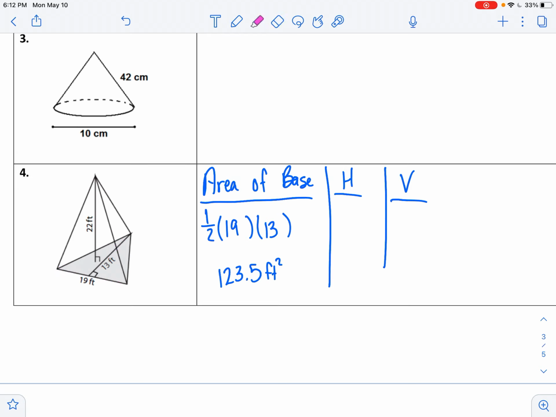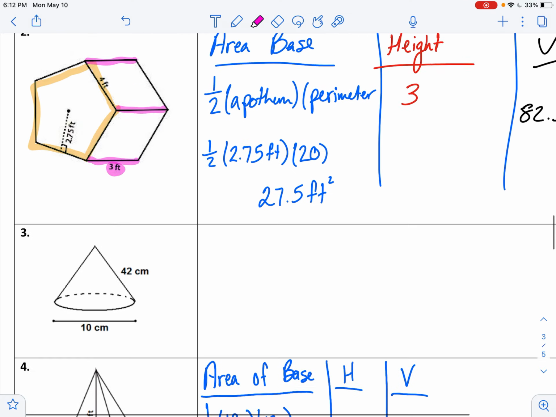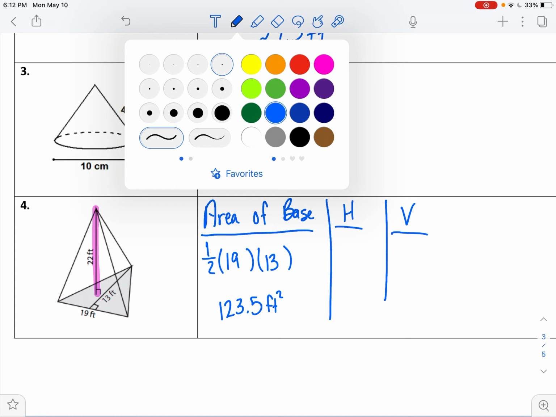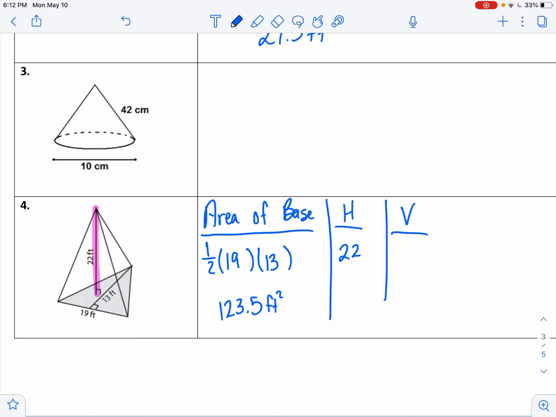The height of the pyramid is different than the height of the base triangle. The height of the pyramid is the distance from the top to the bottom of the pyramid. So the height would be 22, which means that when I'm putting it all together, it's 1/3 times the area of the base times the height.